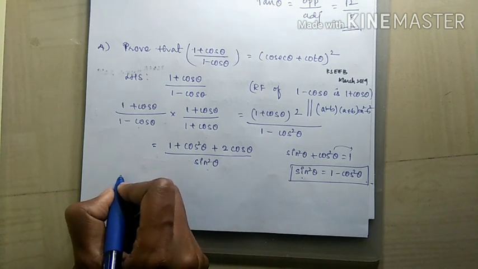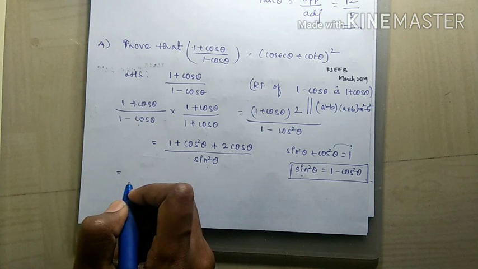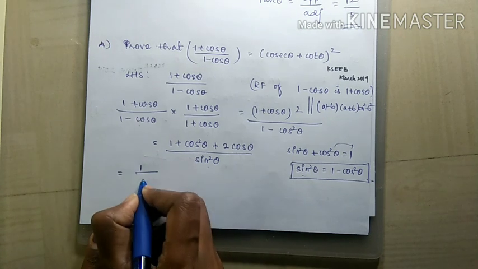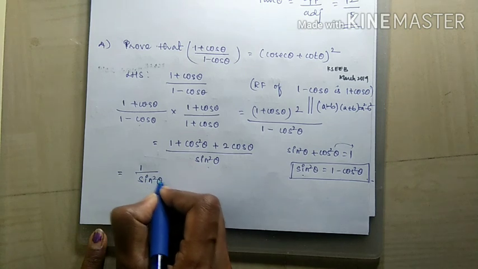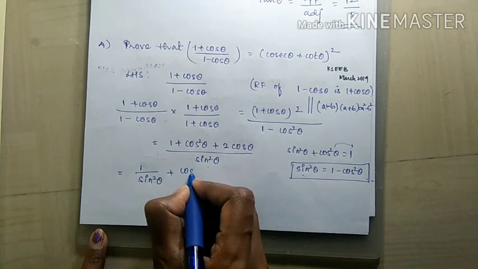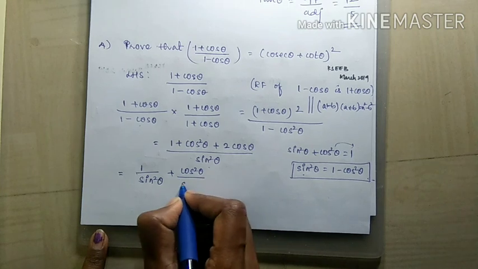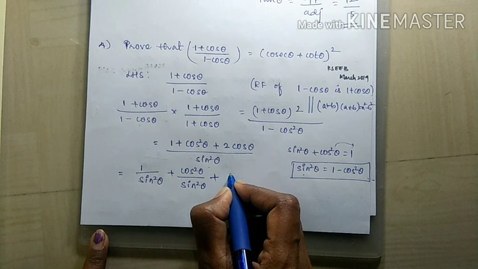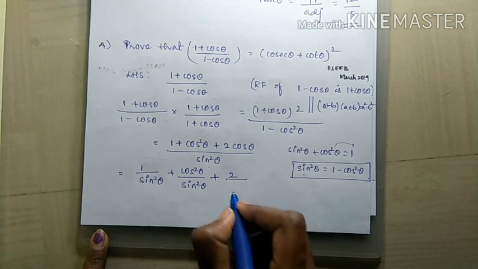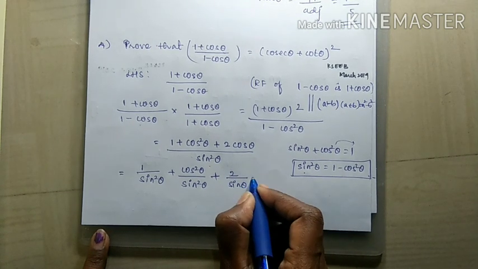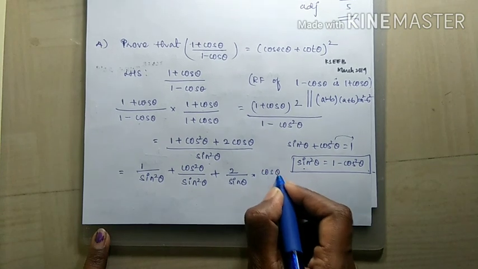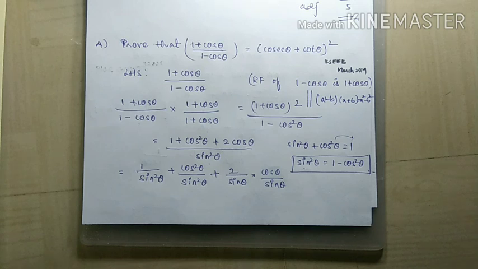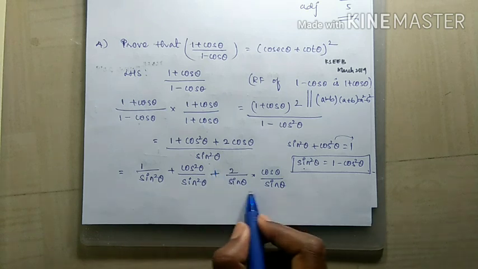Now I'll divide this sin square theta for the numerator terms, that is 1 by sin square theta plus cos square theta by sin square theta plus 2 by sin theta into cos theta by sin theta, I'll write, because sin square is sin theta into sin theta.